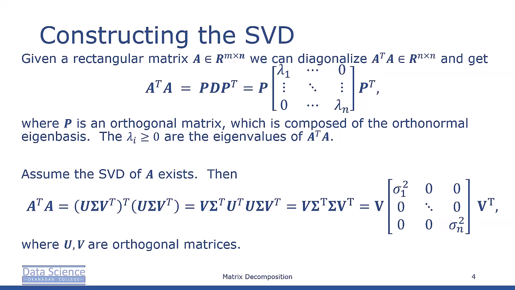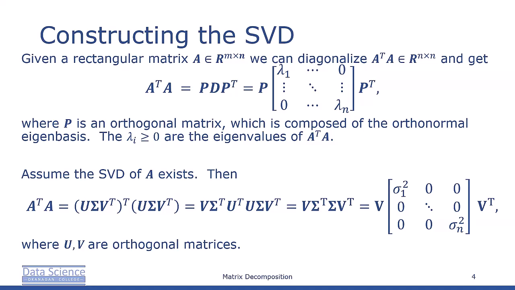Now, if we assume for a second that a singular value decomposition of a matrix A exists, then A transpose A would equal the transpose of U sigma V transpose times U sigma V transpose. That's equal to V sigma transpose U transpose times U times sigma times V transpose.